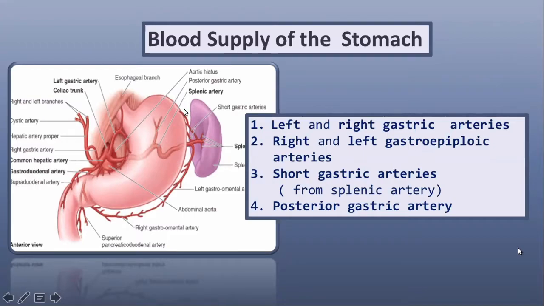Okay, then another blood supply would be the right and left gastroepiploic arteries, and again anastomosing, this time in the greater curvature. Okay. Also, supplying the stomach would be short gastric arteries coming from your splenic artery. Your splenic artery, again, is a branch of your celiac trunk, a very large artery.